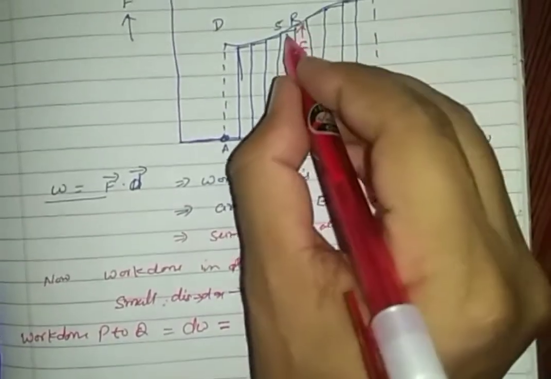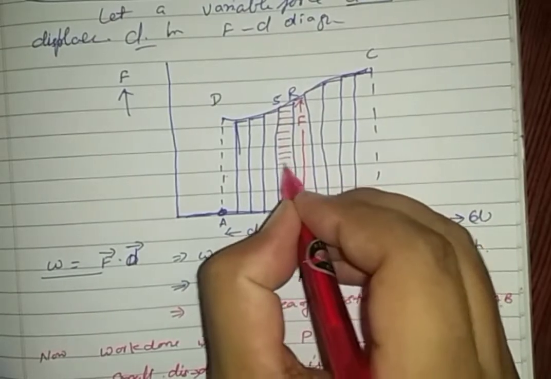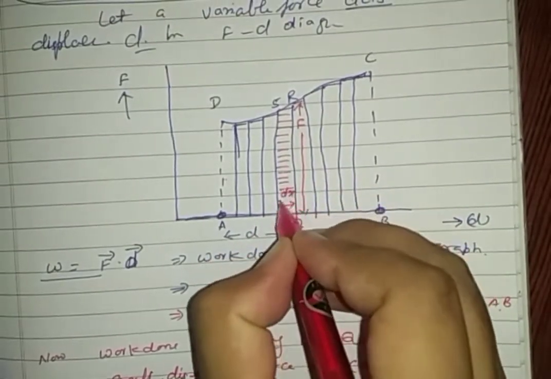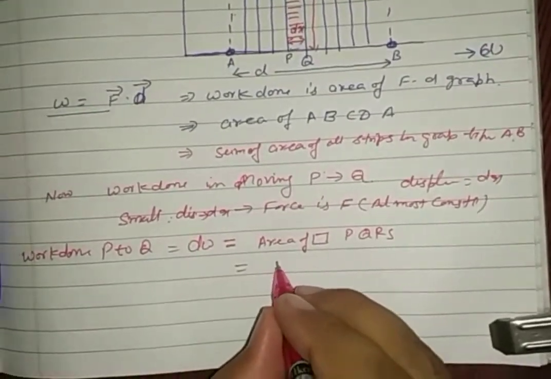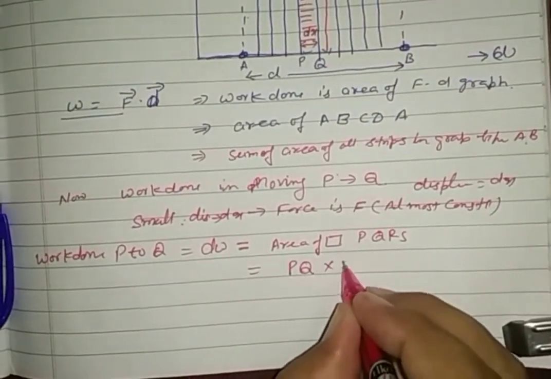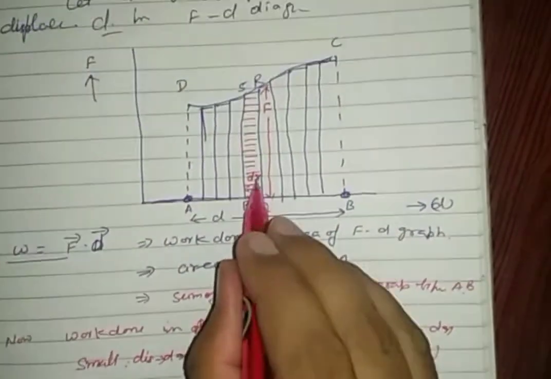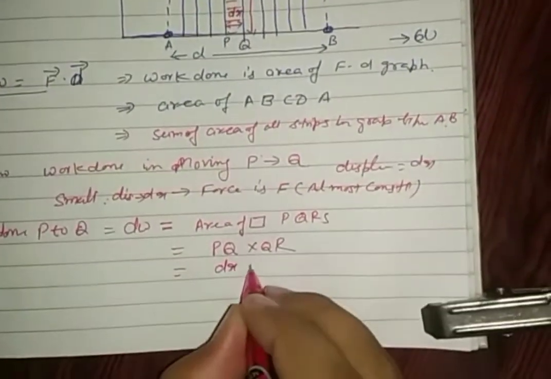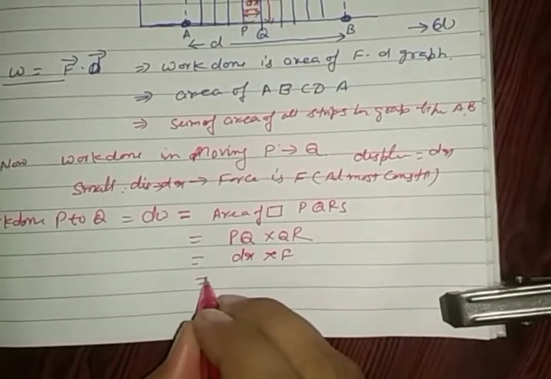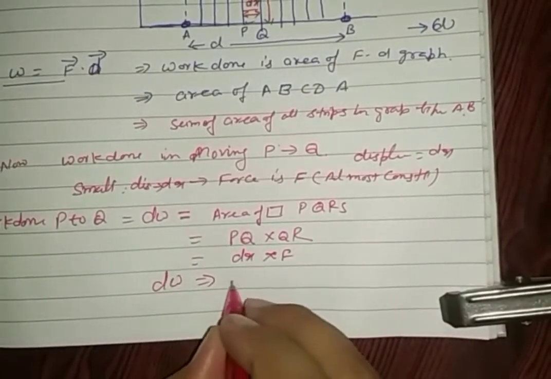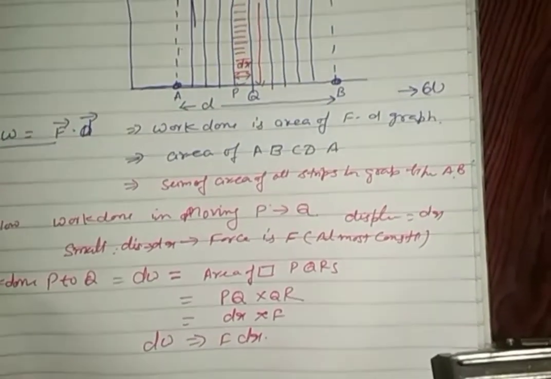The strip PQRS can be considered as a rectangle. So that area is equal to PQ into QR. PQ, the distance travelled, is dx, into QR, which is F. So systematically dW can be written as F dx.